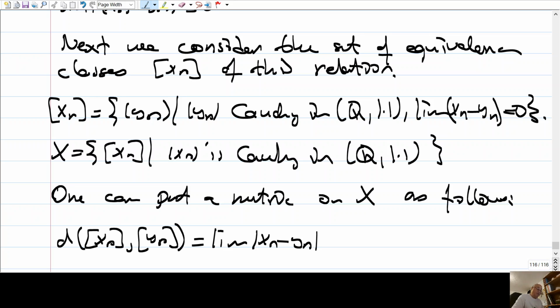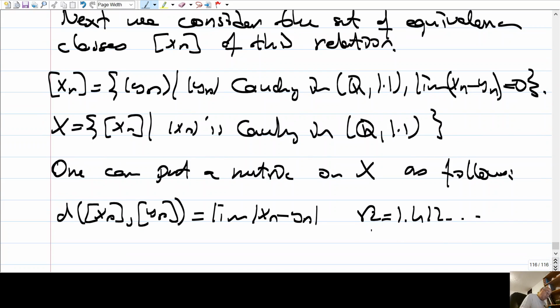In the case of rational numbers, this corresponds to what? Any real number, let's say root 2, is the limit of a sequence in rationals. But you can write root 2 as the limit of some other sequence.